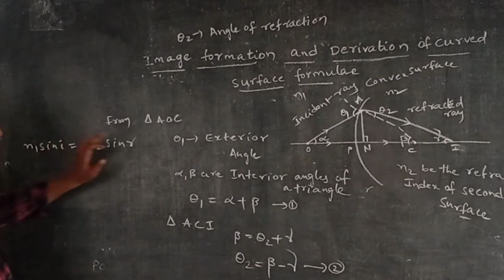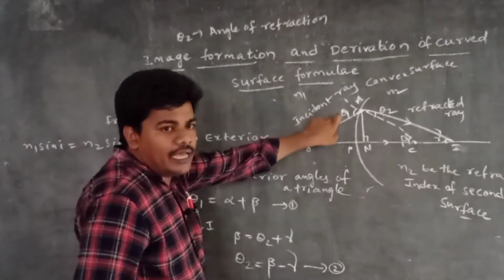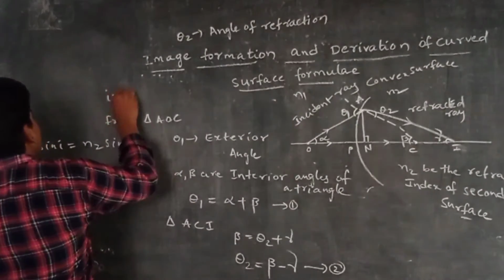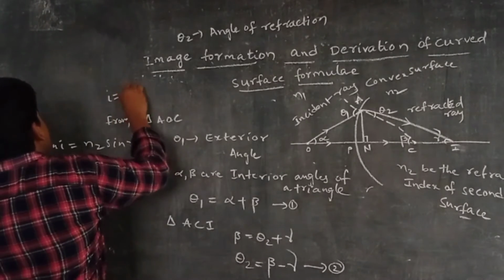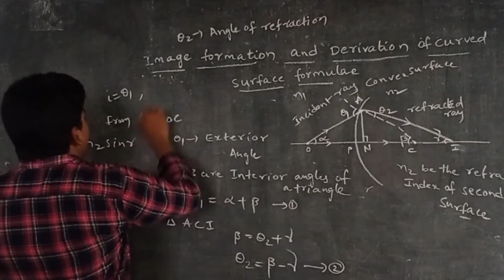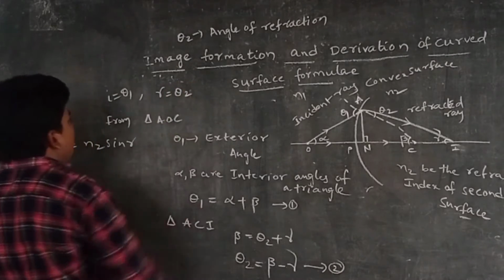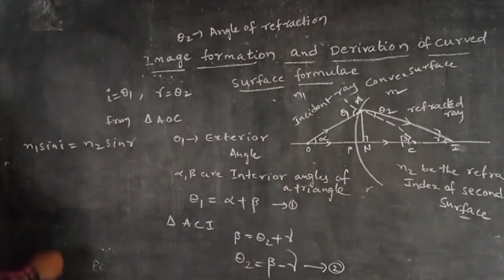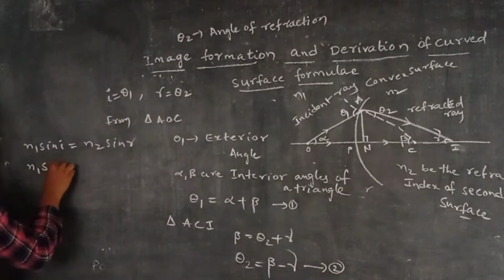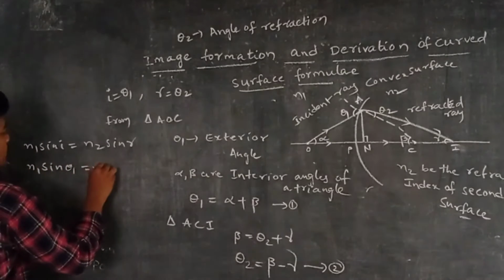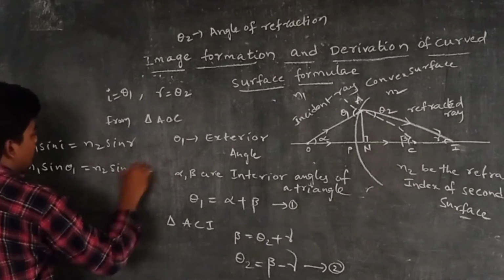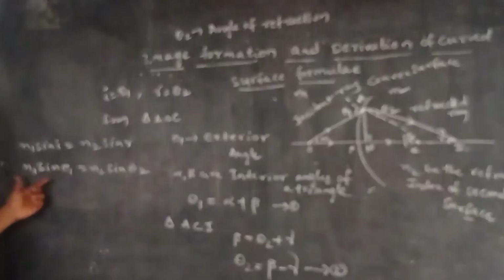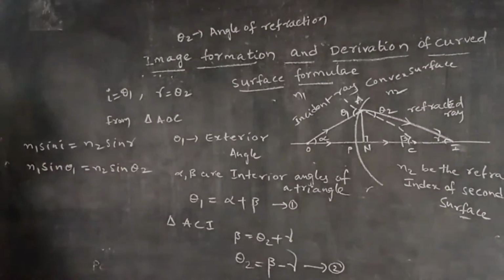Here, theta 1 is taken as the angle of incidence, so I is equal to theta 1, and R is taken as theta 2, the angle of refraction. We have to write these values here: N1 sin theta 1 is equal to N2 sin theta 2.